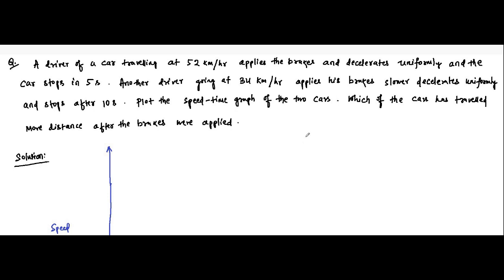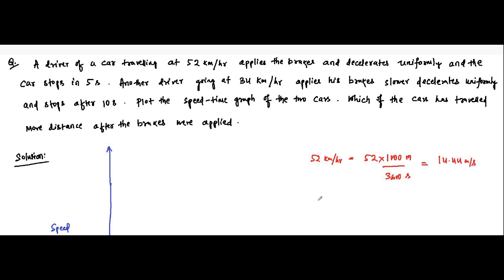So first, 52 kilometers per hour is equal to 52 into 1000 meters by 3600 seconds. If we calculate, it is coming around 14.44 meters per second.